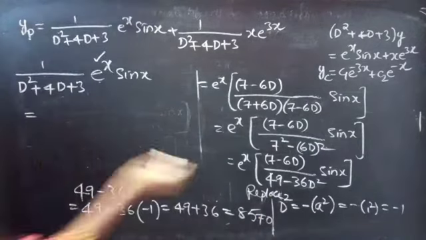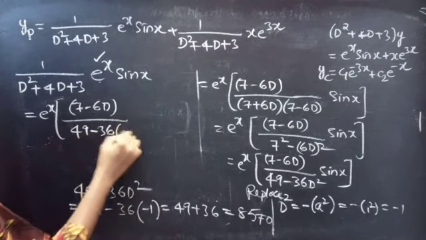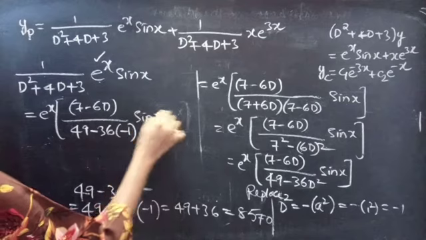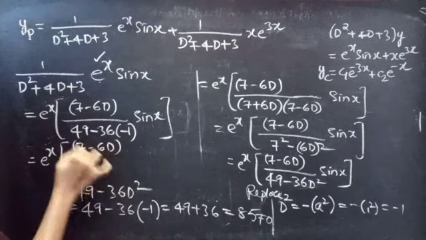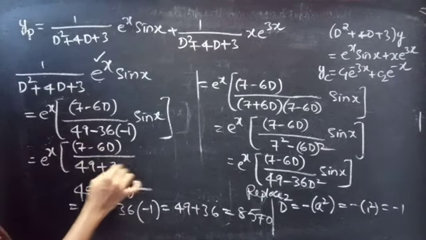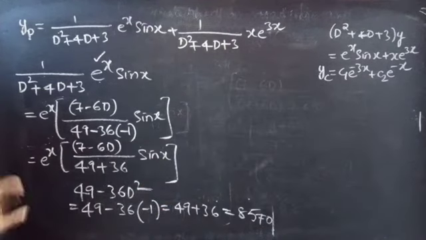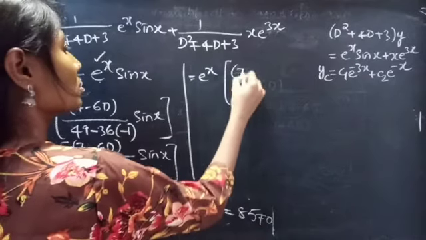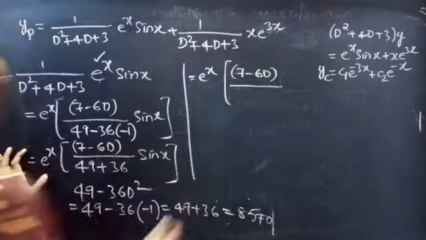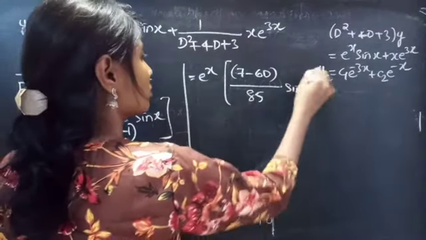Now this becomes e power x into 7 minus 6d by 49 minus 36 into minus 1 into sin x, which is equals to e power x into 7 minus 6d by 49 plus 36 into sin x, which is equals to e power x into 7 minus 6d by 49 plus 36 is 85 into sin x.